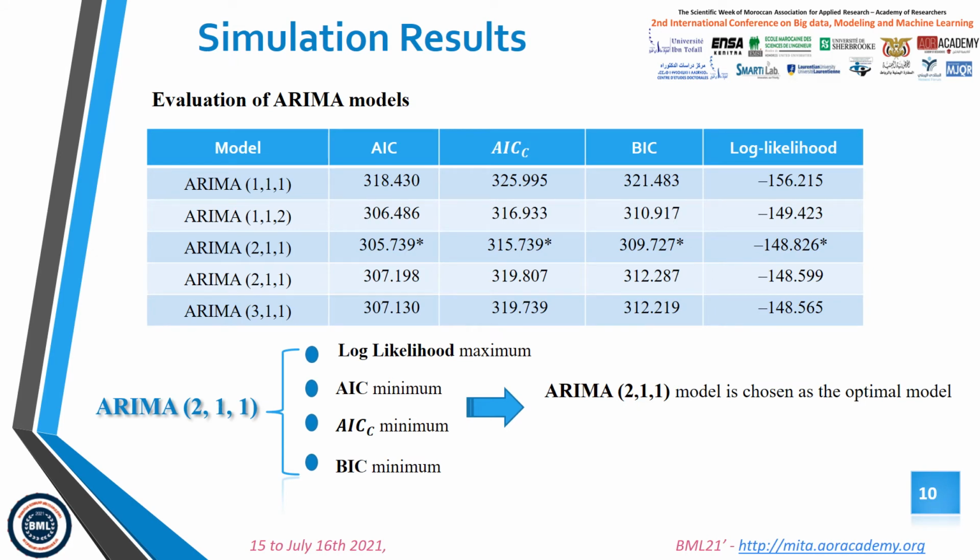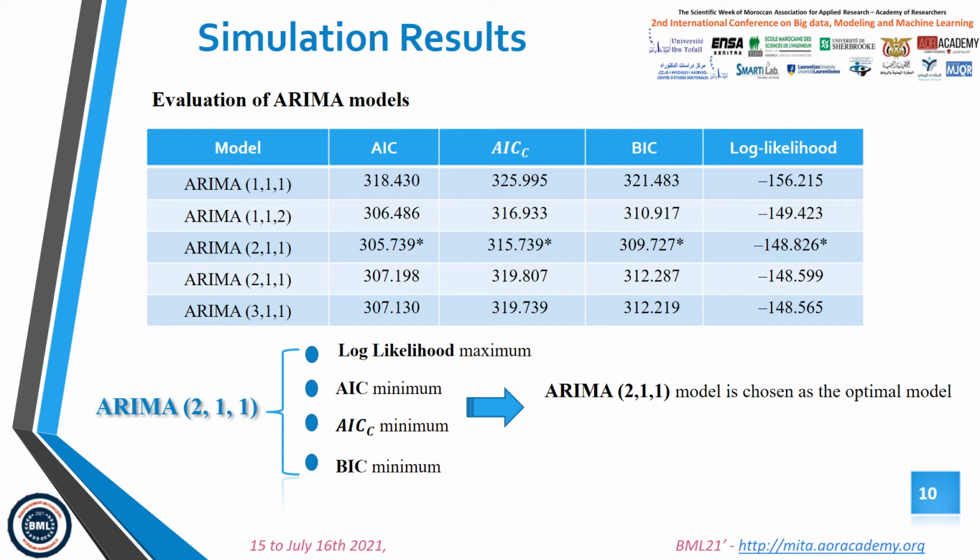And in our result, in order to obtain the best ARIMA model, selection criteria such as log likelihood, AIC, the Akaike information criterion, BIC, the Bayesian information criterion, and HQC, the Hannan-Quinn information criterion, are used in this research.